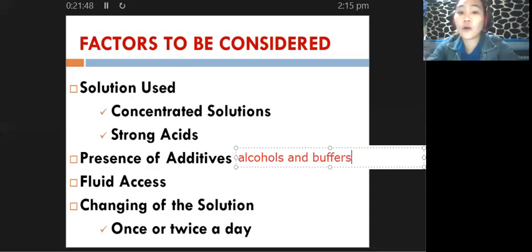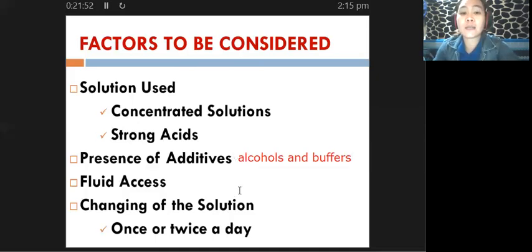Specifically, the role of additives is to protect your tissue samples from any damaging effect brought about by the use of acid decalcifying agents.